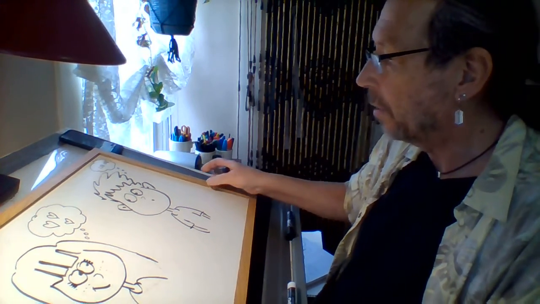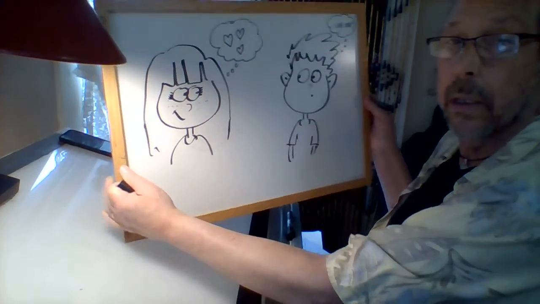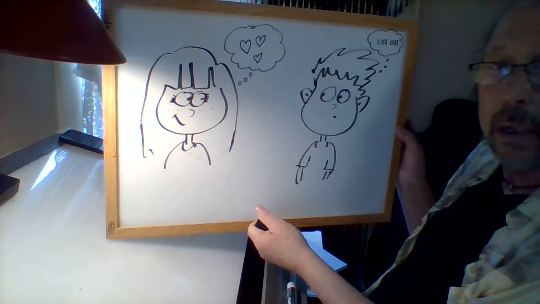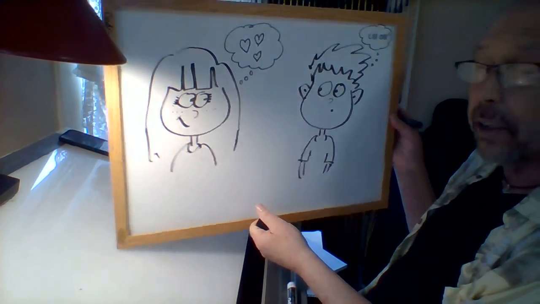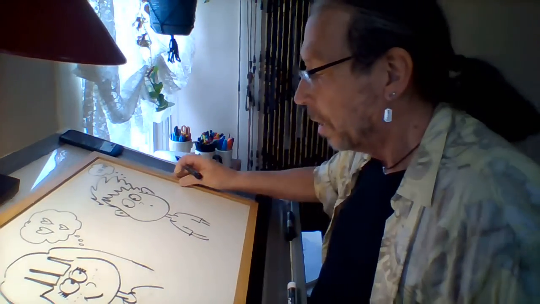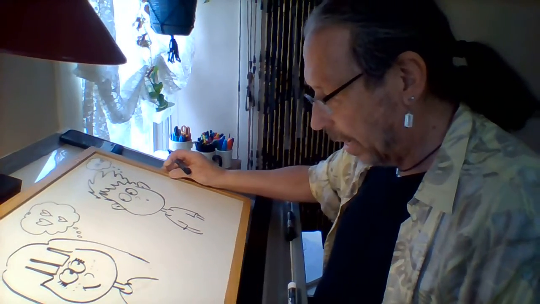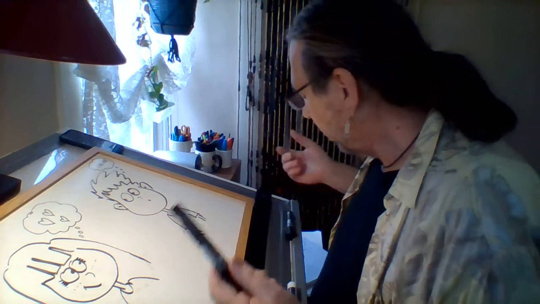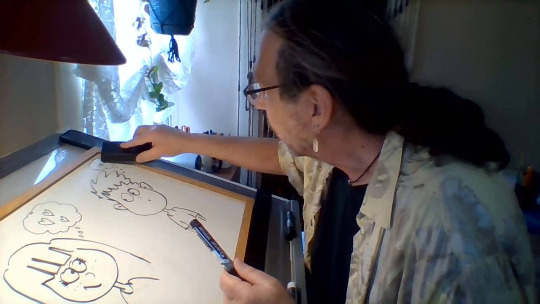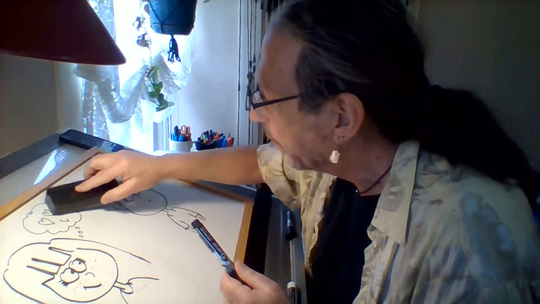Okay, so we have that sort of thing. Uh-oh, she's like that. So there's the expressions. Now, let's just change the expressions up a little bit in what's going on in their word balloons, in their thought bubbles.